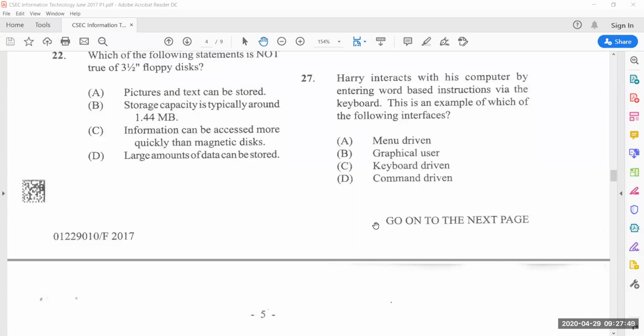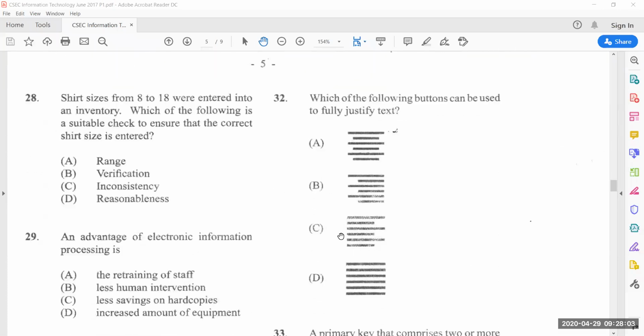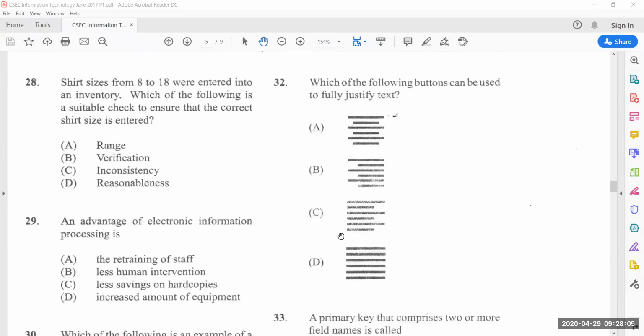Okay, yes. 27 will be command driven. Now remember, you are using the keyboard to enter the commands, but the interface is still a command driven interface. Okay, that's 27. Moving on to 28.